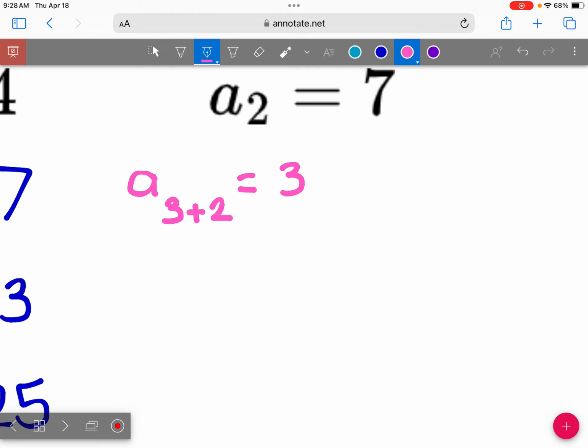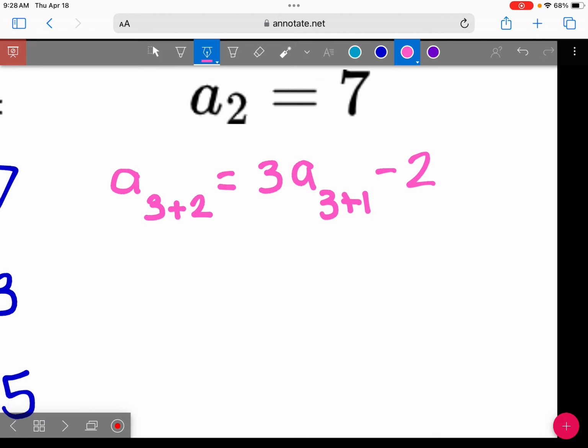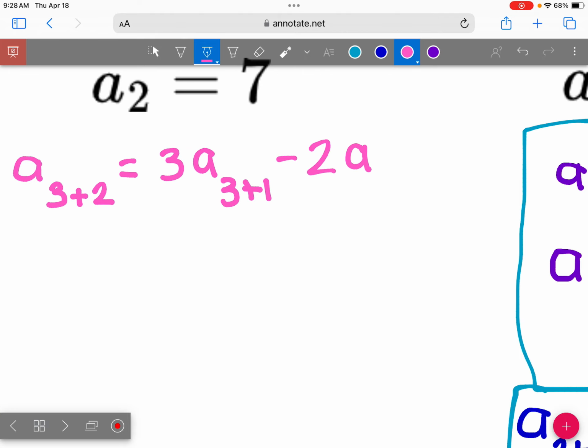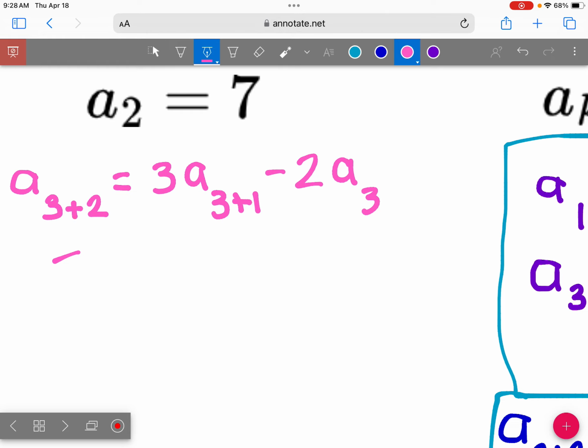equals 3 times a sub 3 plus 1 minus 2 times a sub 3. So that's going to let us know that a sub 5 is going to be made of 3 times a sub 4 minus 2 times a sub 3.